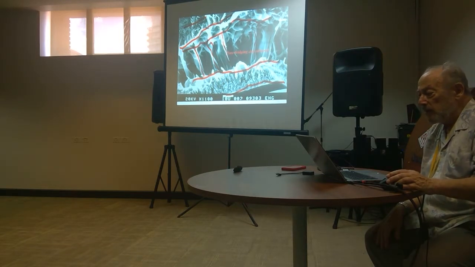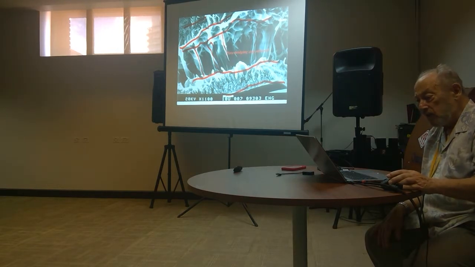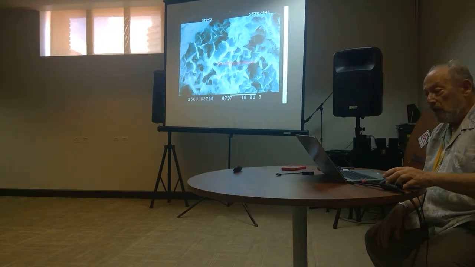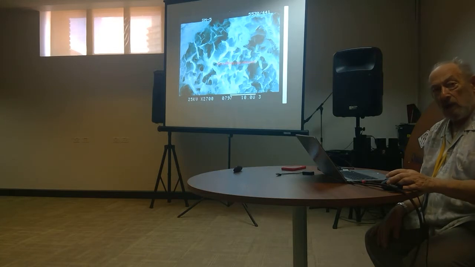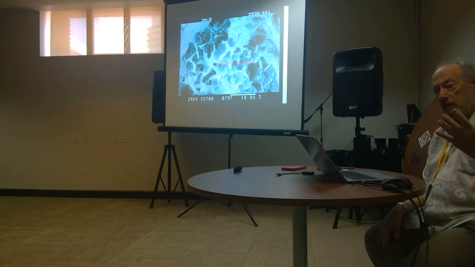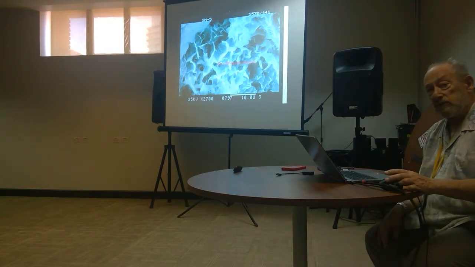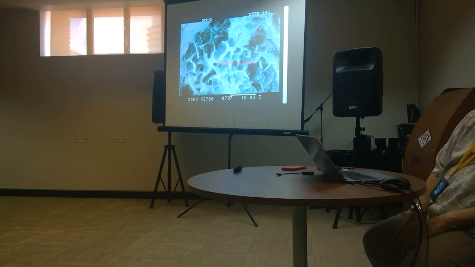Now I'm going to look underneath this grain and show you what the surface looks like. Here's the surface, and these are all clay minerals that have precipitated on the edge of that grain. You see there is microporosity here, micropores, but very small in size, and that will affect your fluid flow.